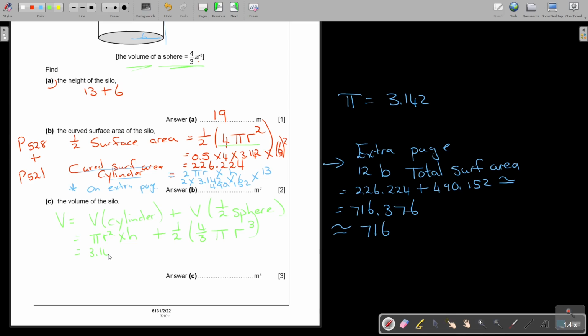So 3.142, the radius is 6 squared, the height is 13, half, and then it's 4/3, 3.142, and the radius is now 6 to the power of 3. Okay, now if I check on my calculator, it's 1470.456 plus 452.448.